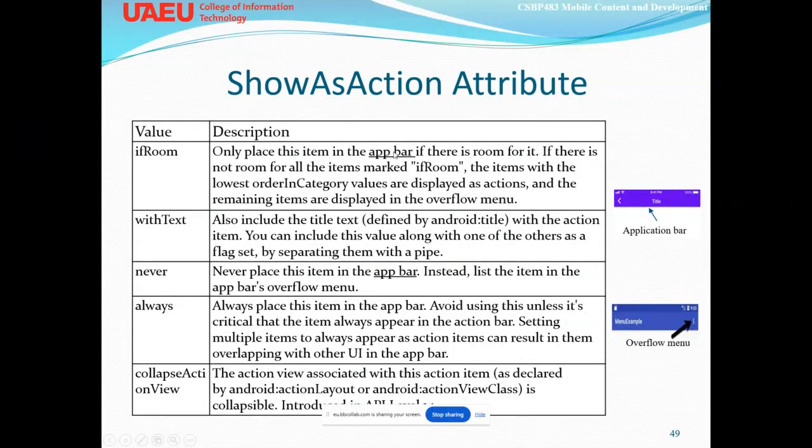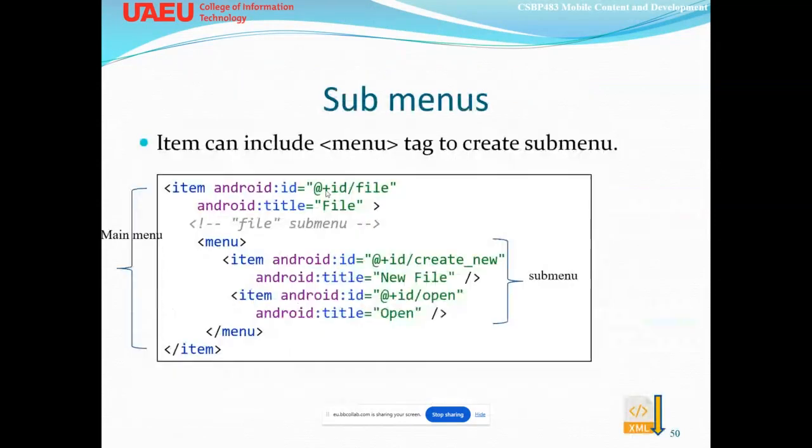IfRoom means you will put it in the application bar if there is room. WithText also includes the title text in the action. Never means never show it in the bar. Always means always show it in the bar, and so on and so forth. Here's also collapseActionView. It's very complicated. Do whatever you think is suitable for your application, of course.